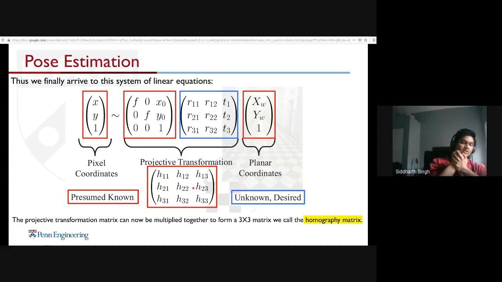Like in control, we perform transformations through mapping, right? So you can think about this as mapping from one domain to another domain, right?